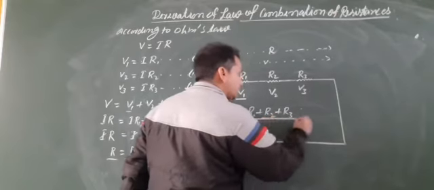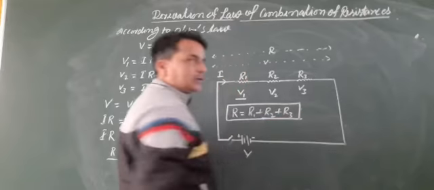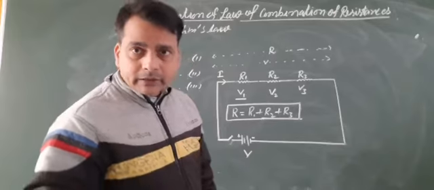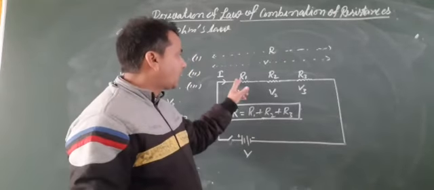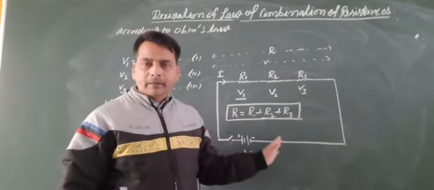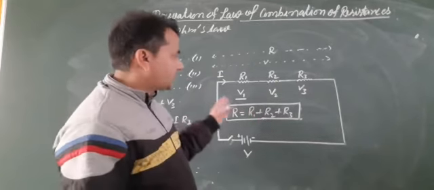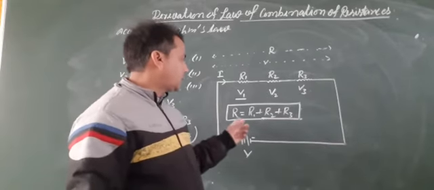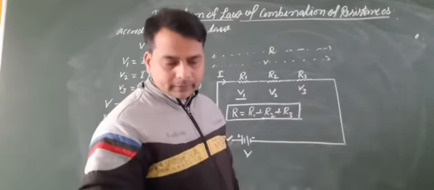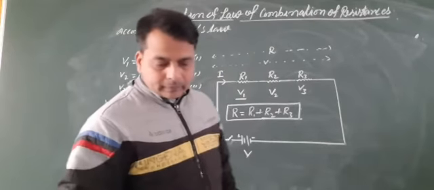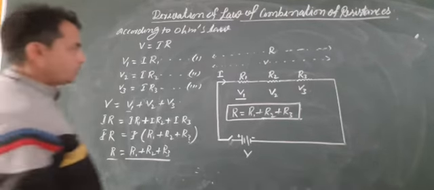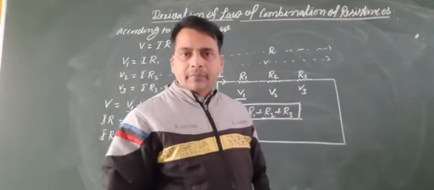In this circuit, the total or net resistance is R, and three resistors R1, R2 and R3 are used in series combination, so the net resistance R equals R1 plus R2 plus R3. The next combination is the parallel combination.